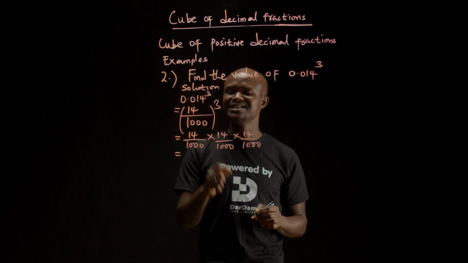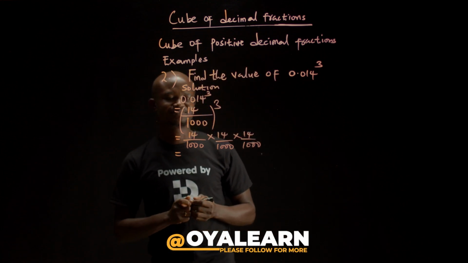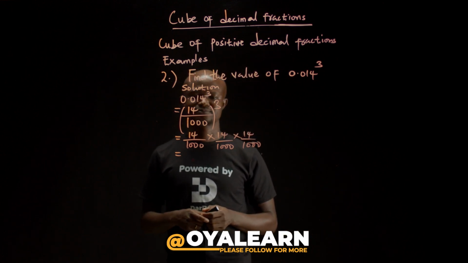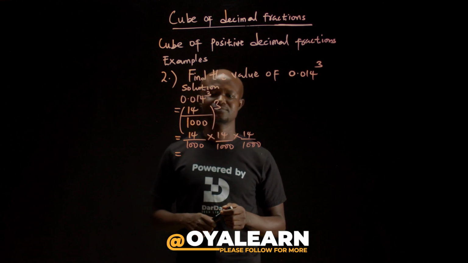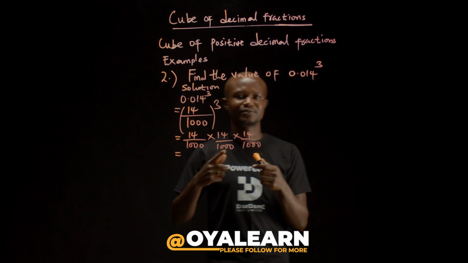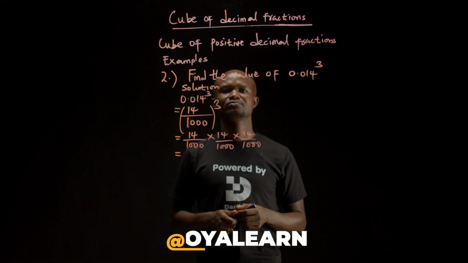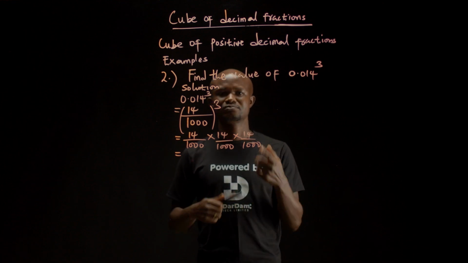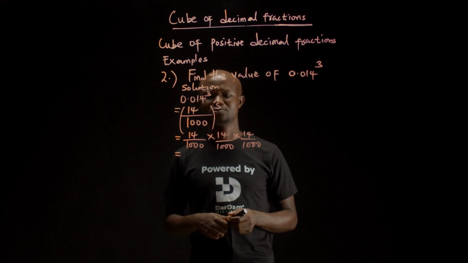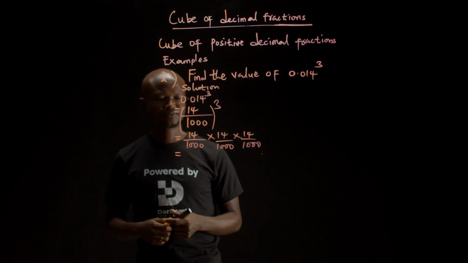For the numerator, 14 times 14 gives us 196.